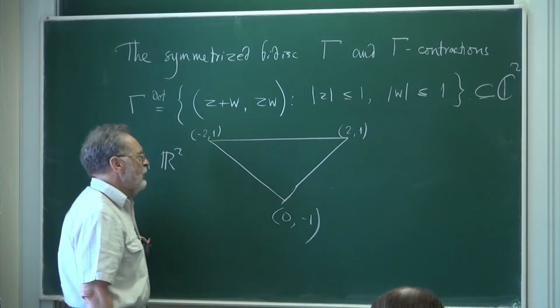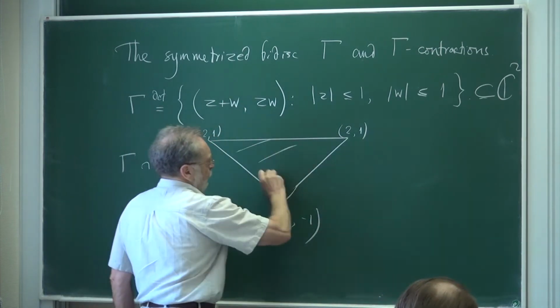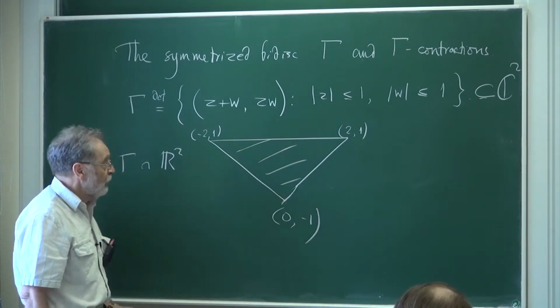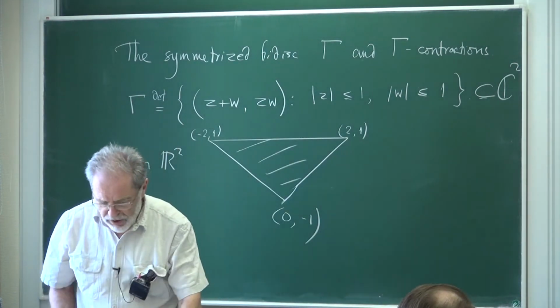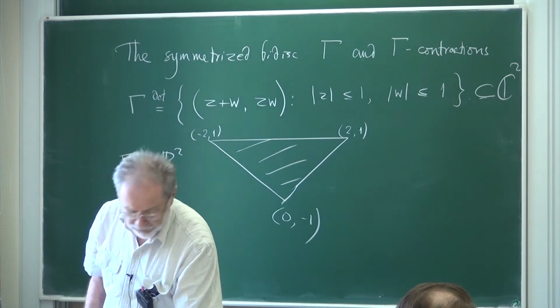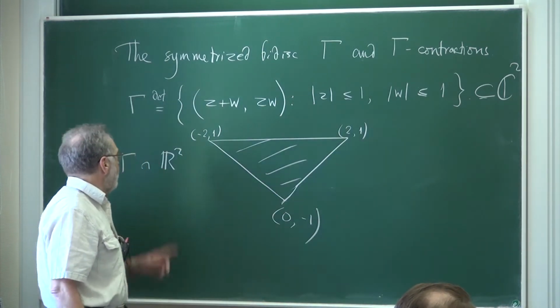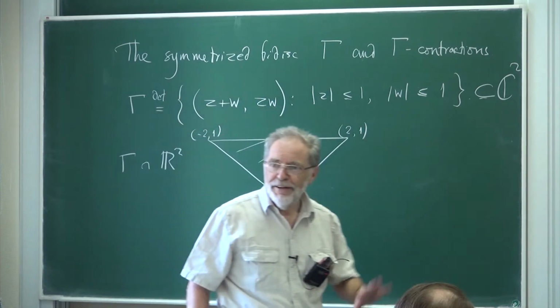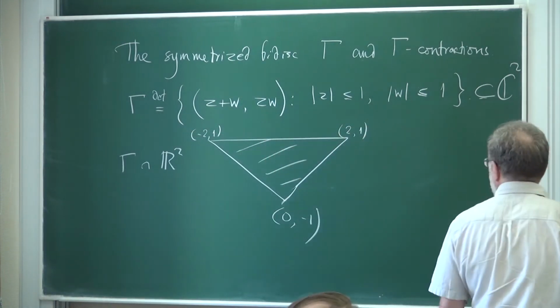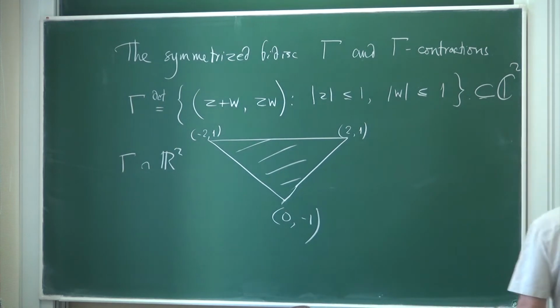It's an isosceles triangle, well, with its interior. So it looks convex if you just see its intersection with R2, but if your eyesight is so good that you can see into the imaginary dimensions as well, then you would see that it's not convex.